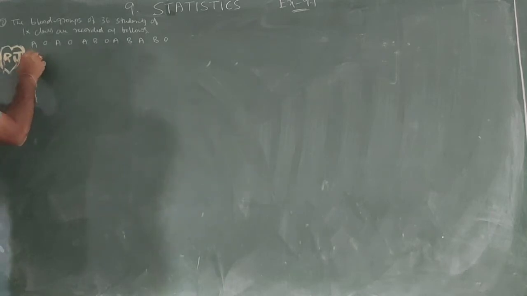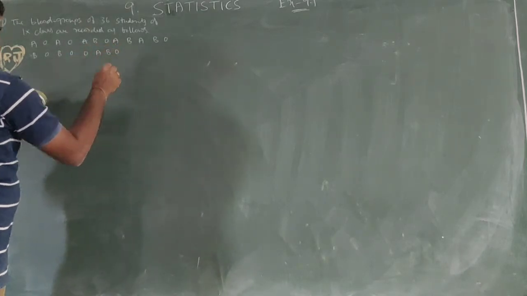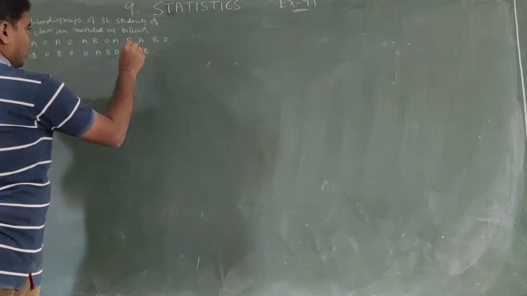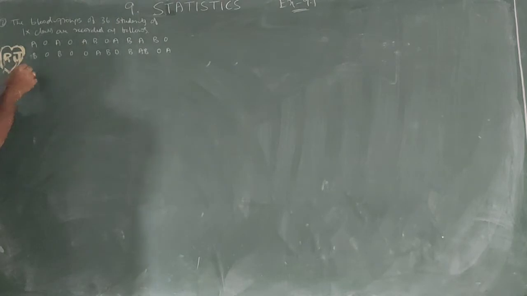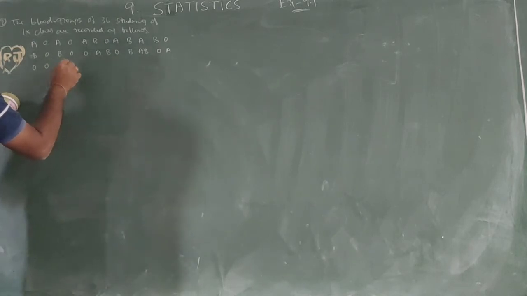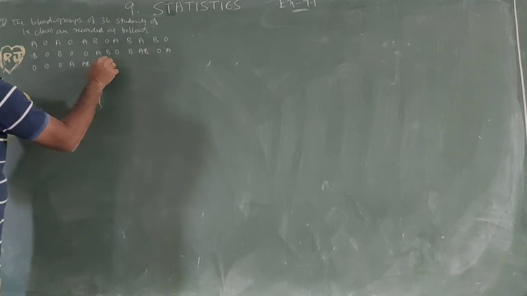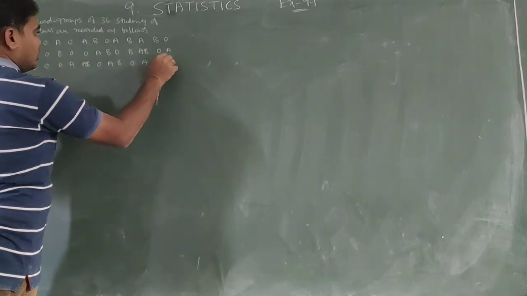So B, O, O, A, B, O, B, A, B, O, A, O, A, AB, O, AB, O, A, O, B.